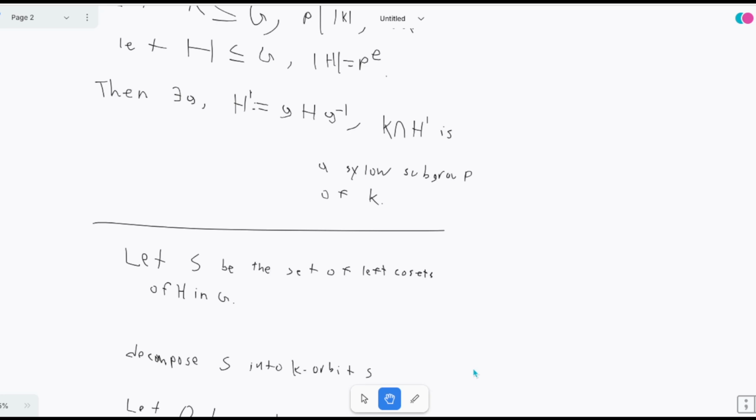And so the stabilizer, if we let S equal 1H, the coset there, then H stabilizes this.